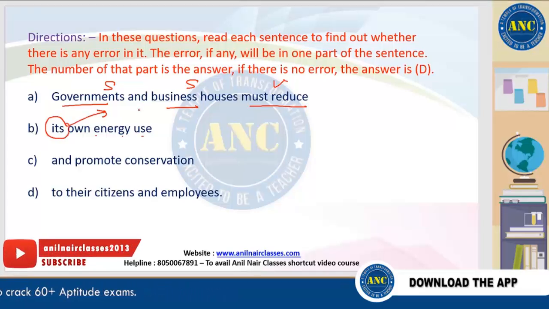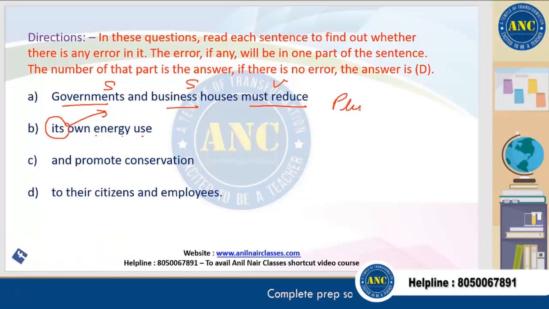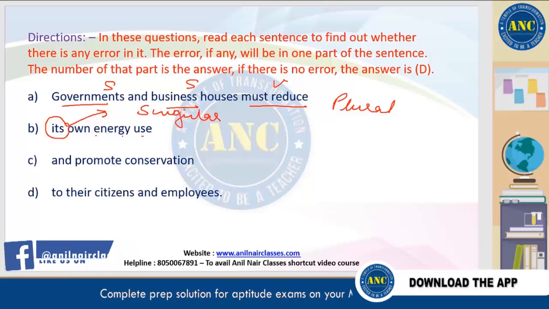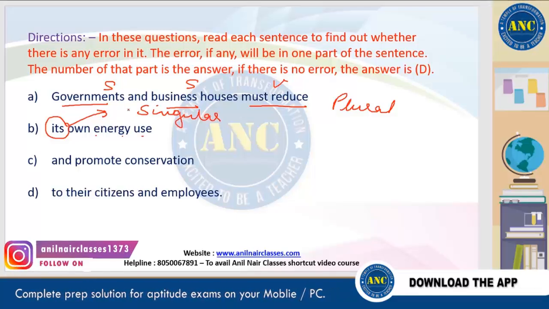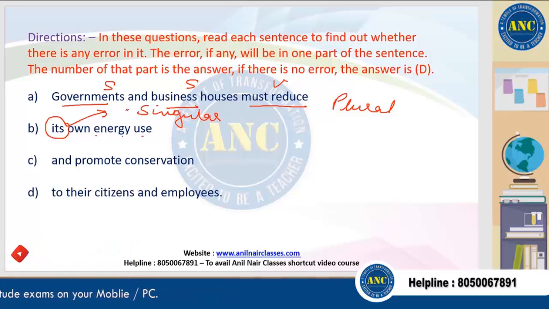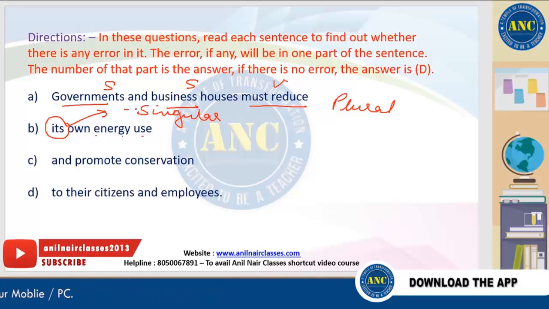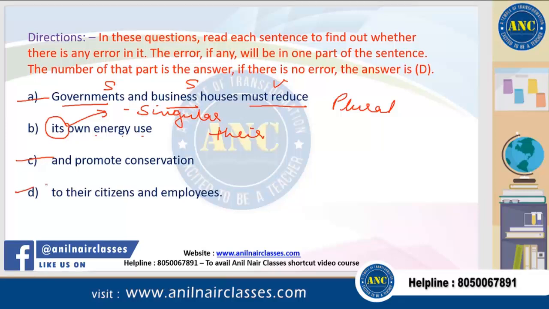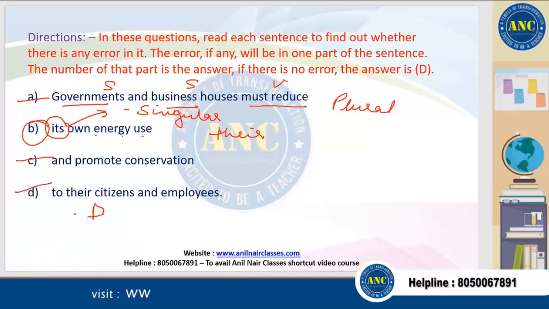To both government and the business. Two subjects are there, so they are plural. Right? How can you use singular? There is no consistency. I told you a pronoun must be consistent with the noun to which it refers in terms of number. Right? So it has to be what? Their own energy use. I need a their over here. Fine. Get rid of A, C and D. Fine. Mark B as the right answer.